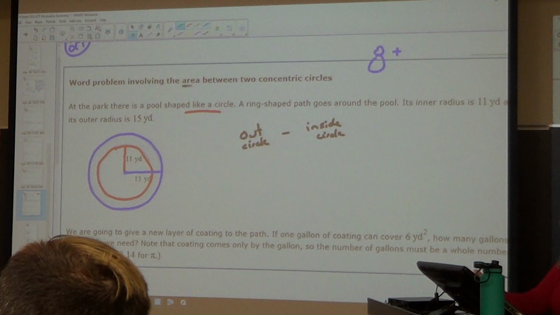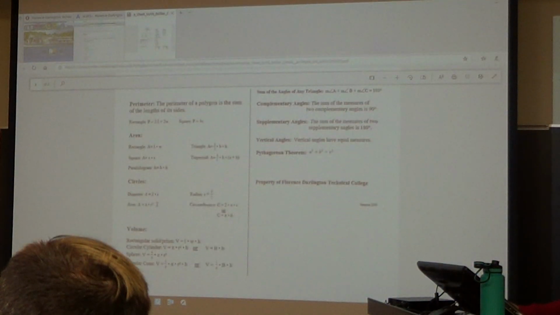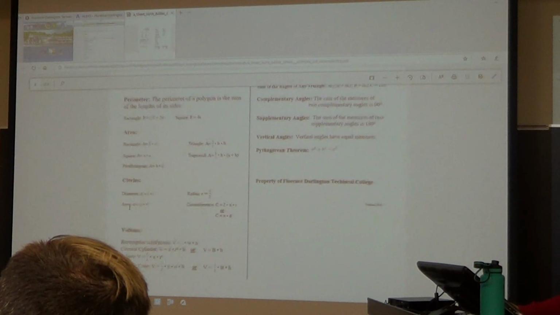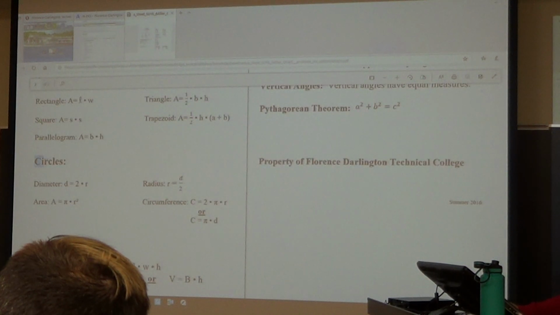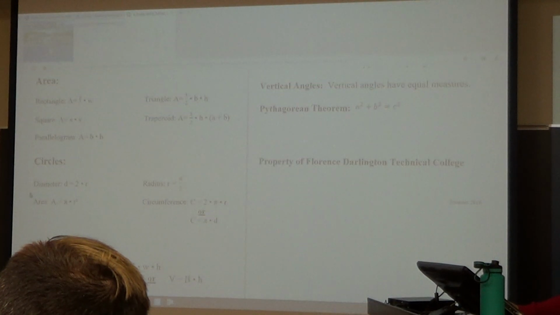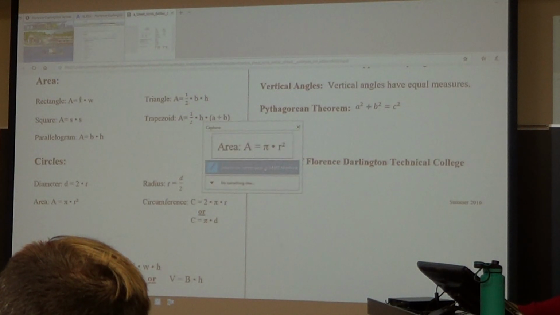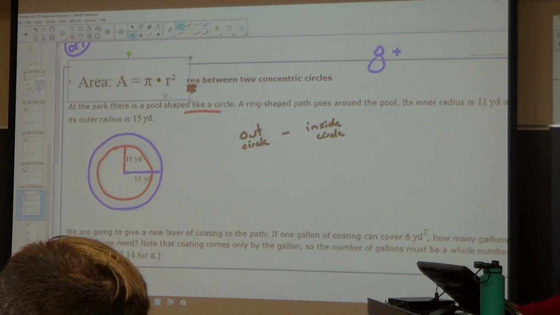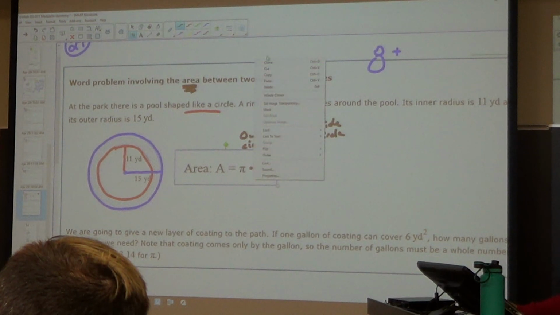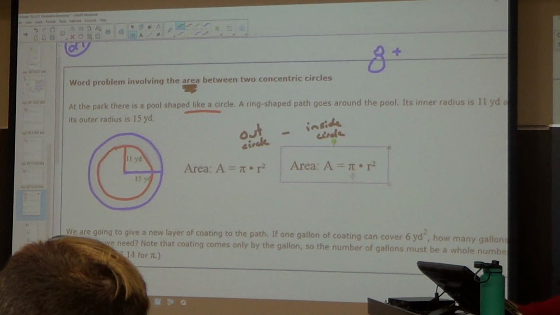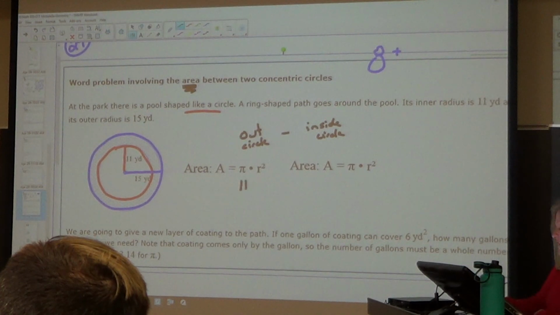Now, they want us to do the area. So we go to our formula sheet and we look under the area. Make it bigger so you can see it. Right here I see circles and I see area. So I'm going to go to the area of a circle because they told me they wanted me to do the area of a circle. So there's my area formula, pi r squared. And I'm going to do it again right there. So I'm going to do pi r squared minus pi r squared.